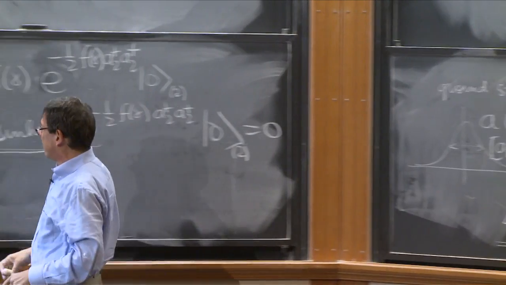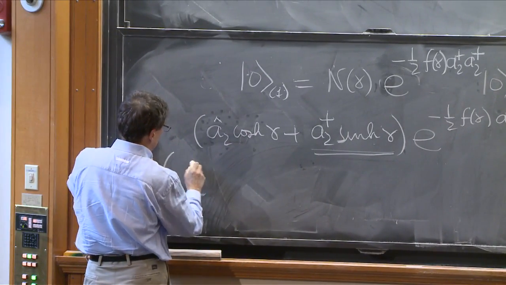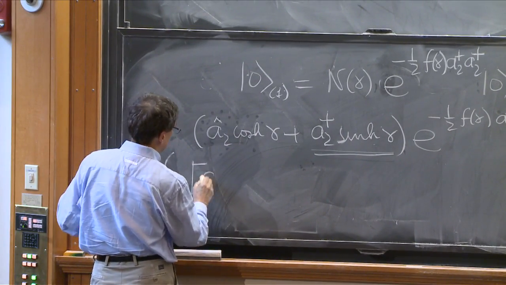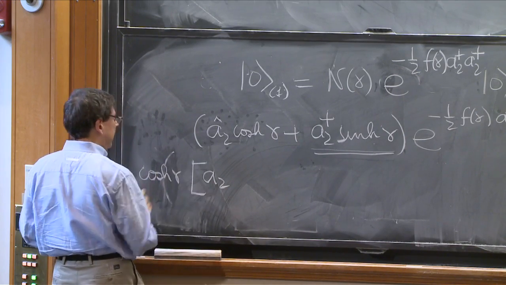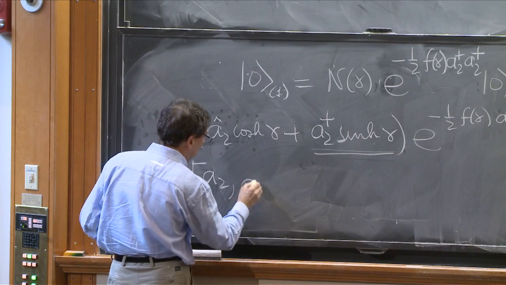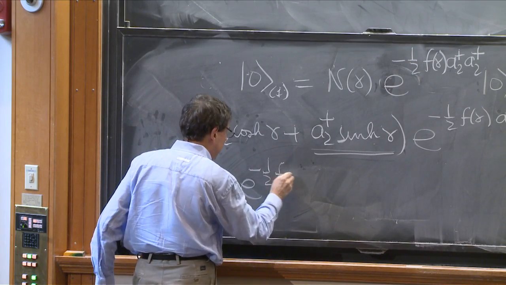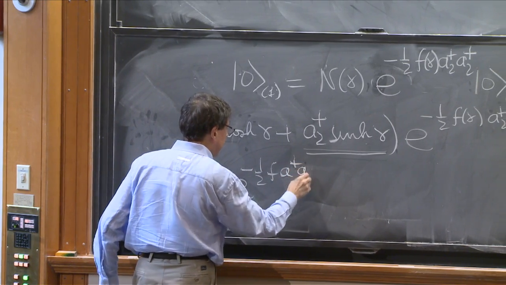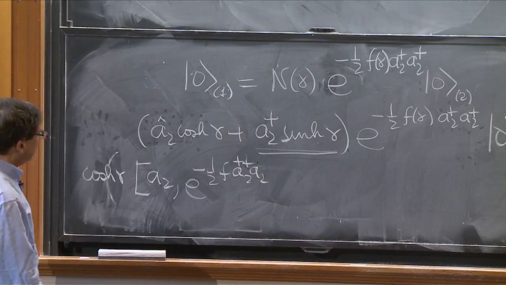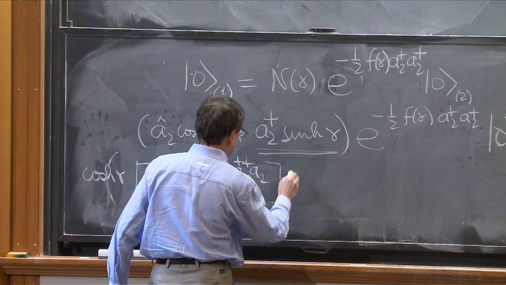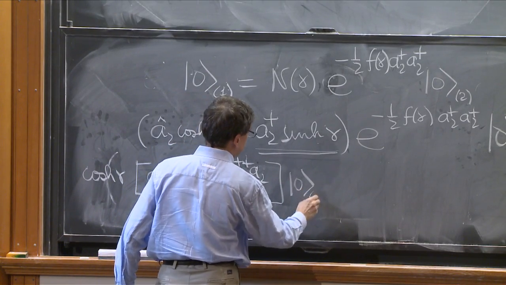So I'll do that here. So I put A2, the cosh gamma, I take it out. I put this whole thing, minus 1/2 F A dagger 2, this whole thing, and the vacuum.